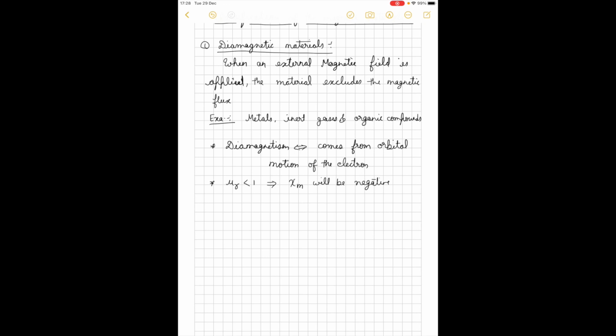This is in high contrast with other kinds of magnetic materials, where it depends on the temperature. So I can write this down also, that susceptibility is independent of temperature. This is one of the characteristics of diamagnetic material.